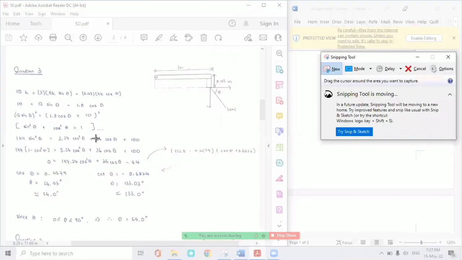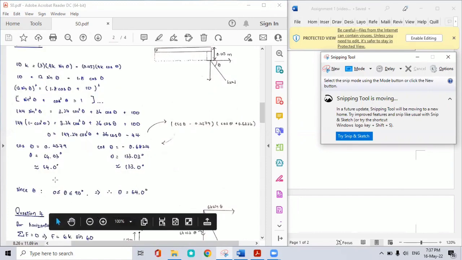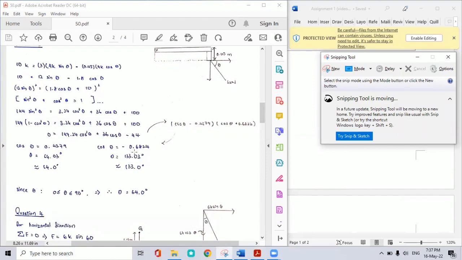So we can do it like solving a quadratic expression, the way of solving a quadratic expression right here. And after that, we will get cos theta is equal to 0.4379. Cos theta is equal to negative 0.6824. And after that, we find the angles.